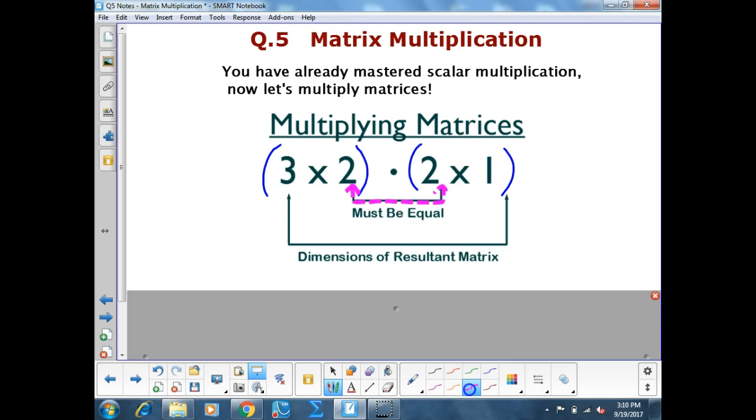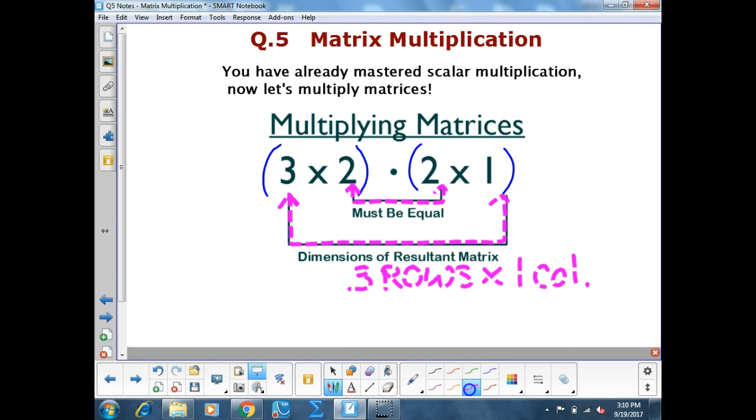And the resultant matrix, your answer, the dimensions of your answer are going to come as a result of the outer side. So my answer to this is going to have 3 rows and 1 column. Or in other words, this is going to be a 3 by 1 answer.